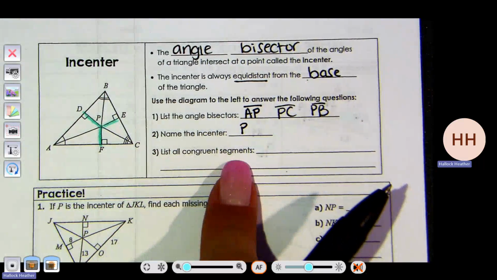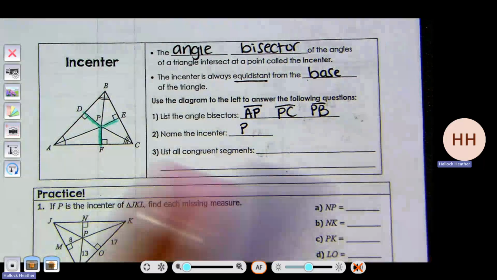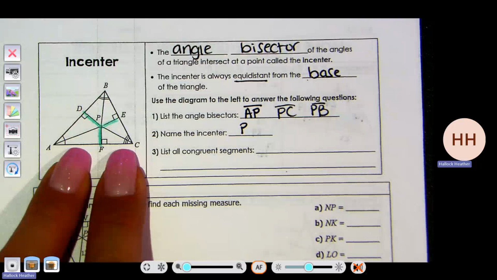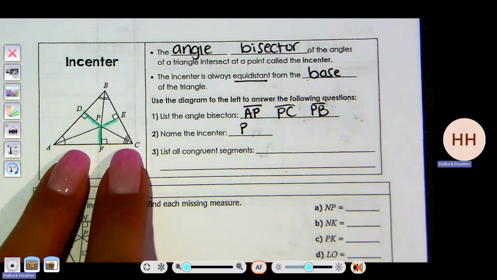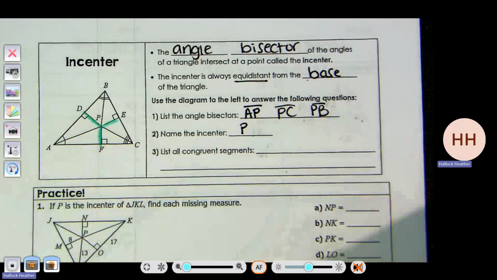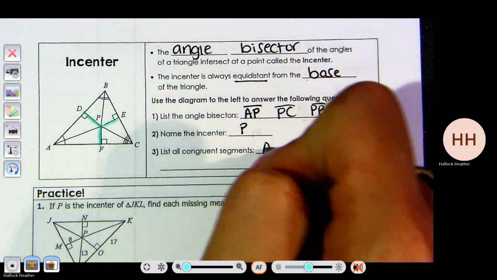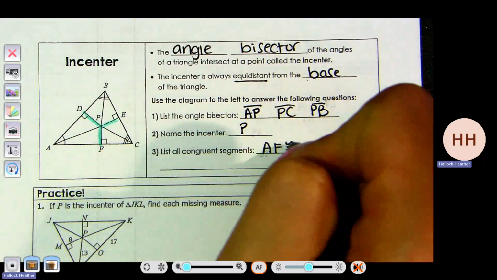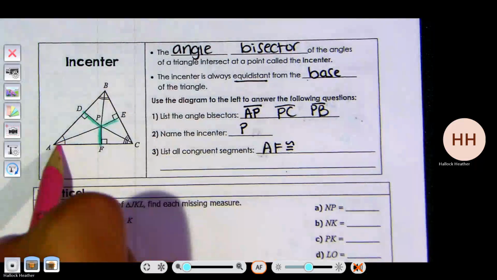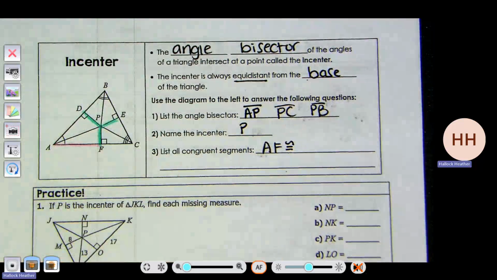And then all the congruent segments, now it's going to change. Yesterday, this base would have been split in half, but now we can use common sense and look at this and say those are not equal. They're not the same. So what it's actually doing is AF is congruent to what other piece do you think? AD.